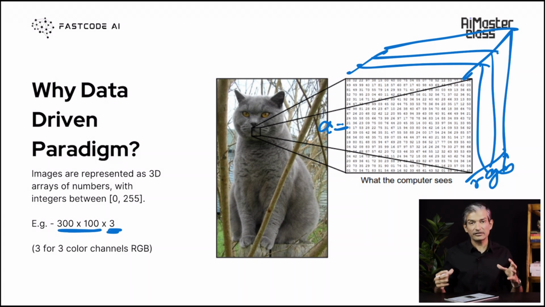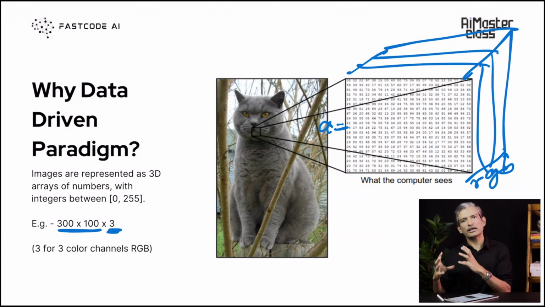So the message here is the data driven approach. Why is it called data driven approach? Because we use data to then create our algorithm. And why data driven approach? Because sometimes the algorithm becomes so complex, like in the case of trying to fit curves or writing these hand coded programs, which can be hundreds and thousands of lines of code.